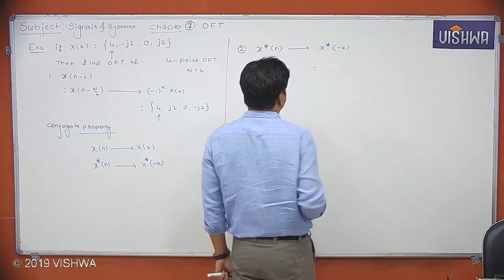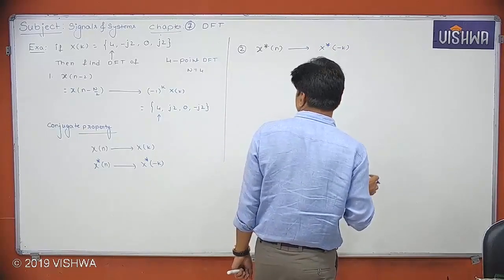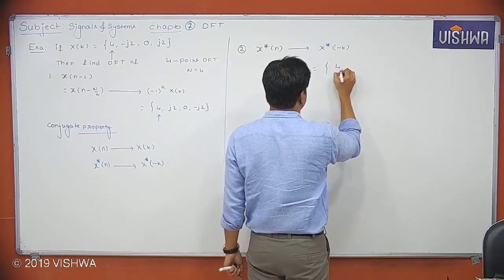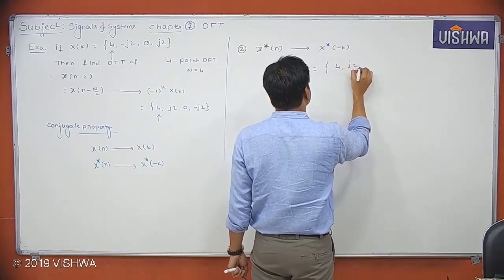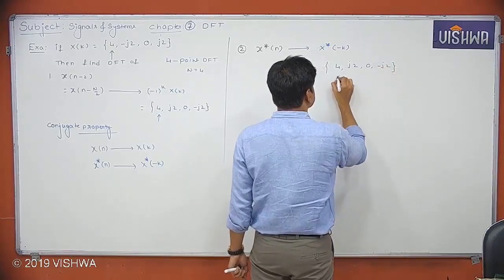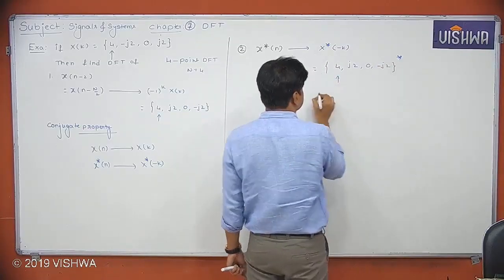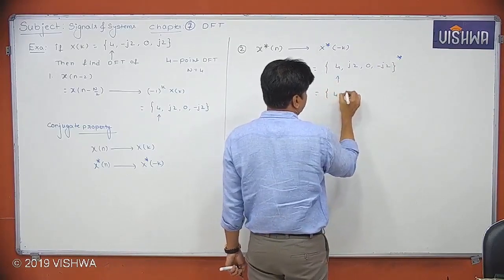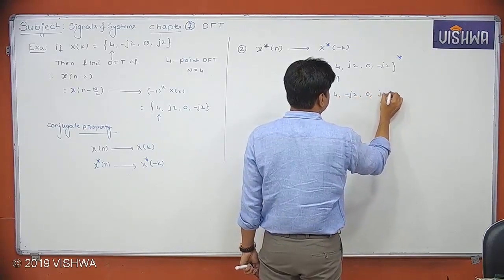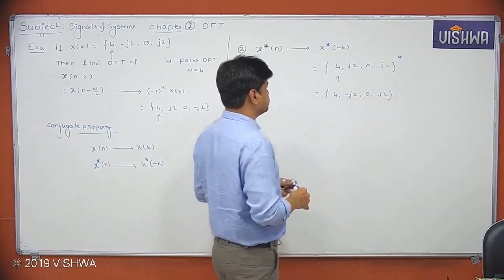So first X of minus k. How can we do that? It is in reverse order. So 4, keep it there, j2, 0, minus j2. For this we have to take the conjugate. So this is going to be 4, minus j2, 0. Same thing we are going to get because it is a real signal.